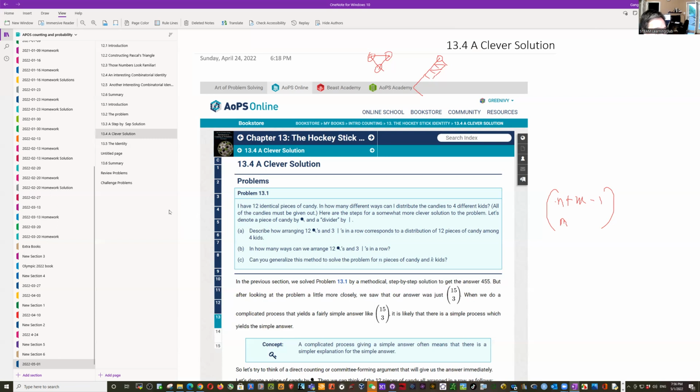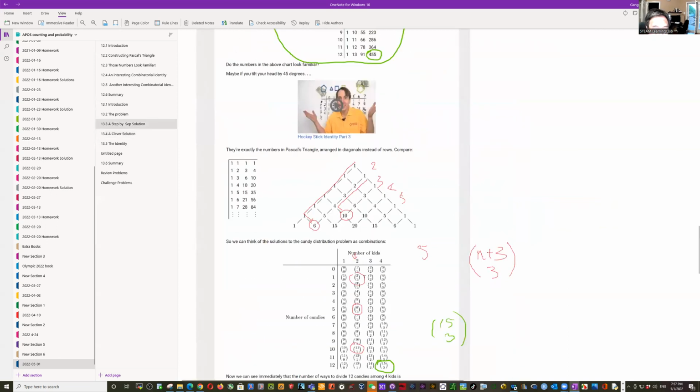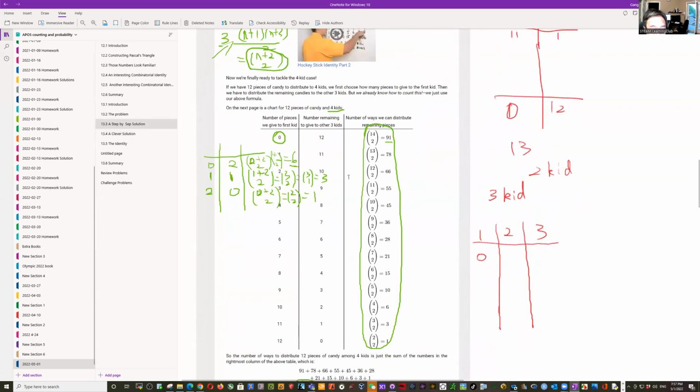But if we use the number of kids, it looks like a buildable problem, because for every one more kid you add, you can break down the problem into giving a certain number of candies to one less kid, and then the total count is just the addition of all the cases. So this became a buildable problem, which adds up nicely, fitting into the table of the Pascal triangle. That's the first hint that there might be something bigger underlying.